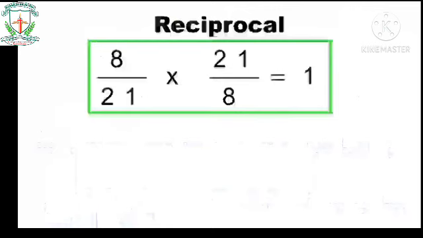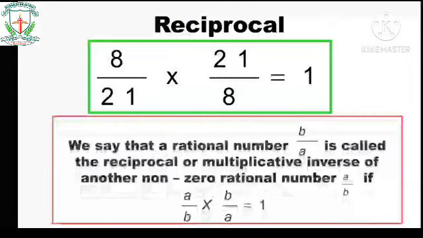What do we mean by that? 21 by 8 is the reciprocal of 8 divided by 21. Now basically whenever you have to find the reciprocal of any rational number, all that happens is the numerator becomes the denominator and the denominator becomes the numerator. So the answer will be equal to 1.